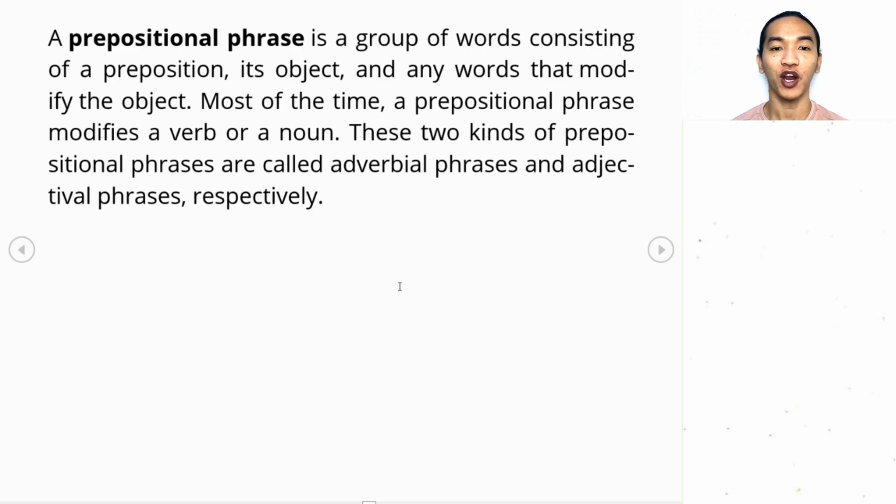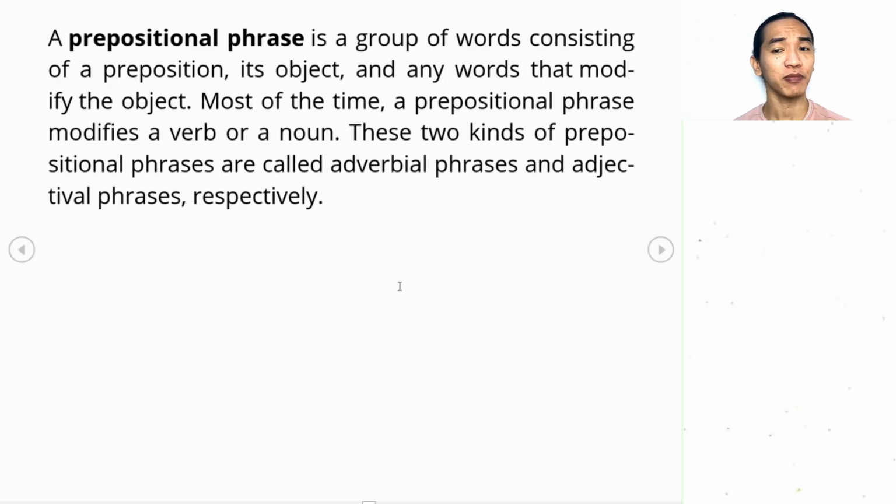Therefore, we call it a prepositional phrase. Most of the time, a prepositional phrase modifies a verb or a noun. Sounds familiar? These two kinds of prepositional phrases are called, number one, adverbial phrases and adjectival phrases, respectively.